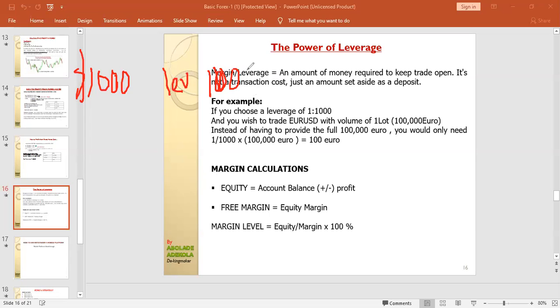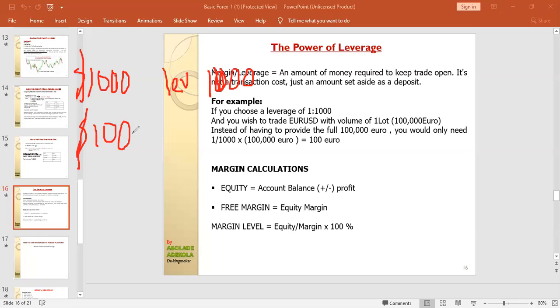Please don't mind my pencil, just bear with me and follow. So you have chosen leverage 1 to 1000, for example, and you want to trade one full lot size. Remember, because you have chosen leverage 1 to 1000, for you to trade one full lot size, you have to deposit $100 to keep that trade open.